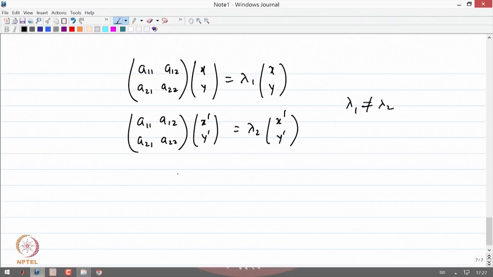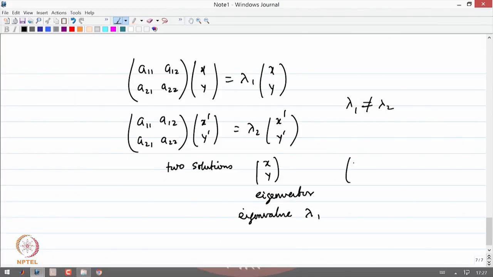Therefore, we have two solutions: x, y is one eigenvector associated with eigenvalue lambda 1, and x prime, y prime is another eigenvector associated with another eigenvalue lambda 2.